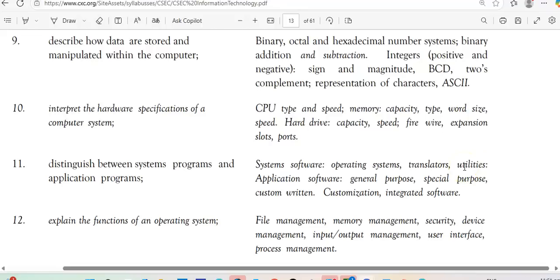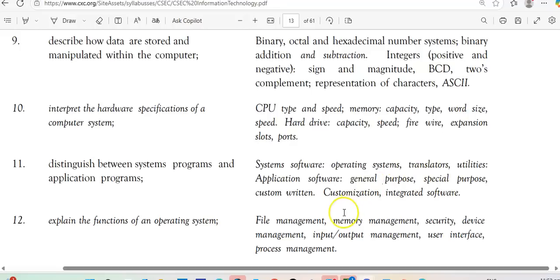Then we can look at application software. On the other hand, it refers to programs designed to perform specific tasks or provide services to users. The main types of application software are general purpose, which is software that can be used for a wide range of tasks, such as word processing, for example Microsoft Word. We have special purpose, which is software designed for a specific task or industry, such as graphic design.